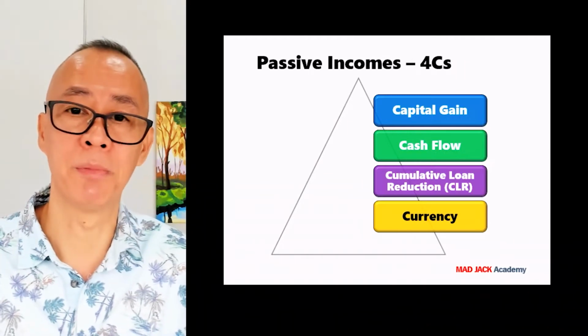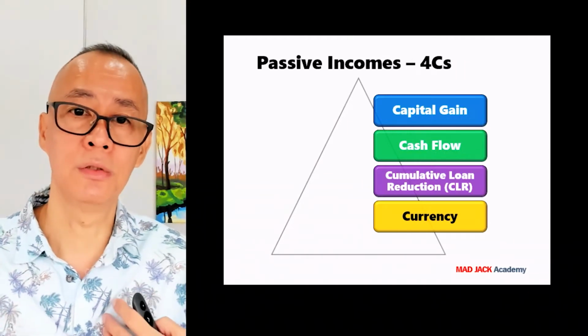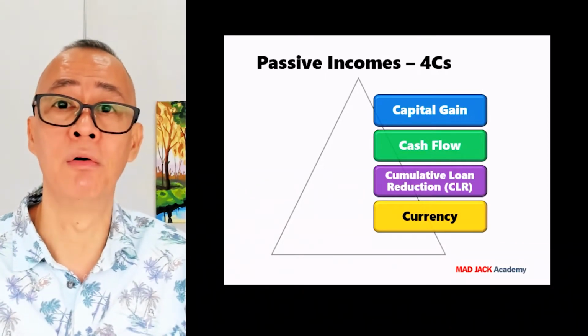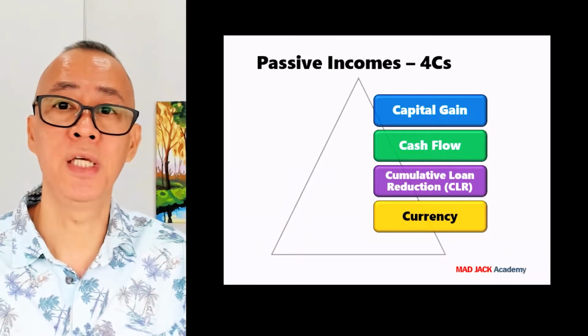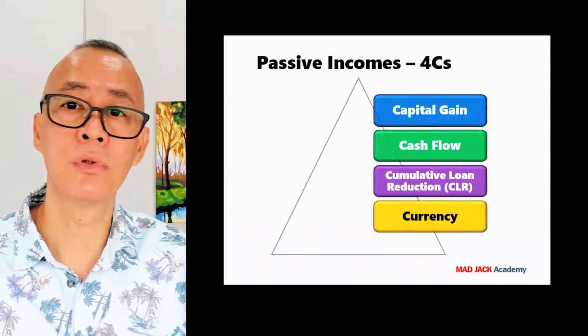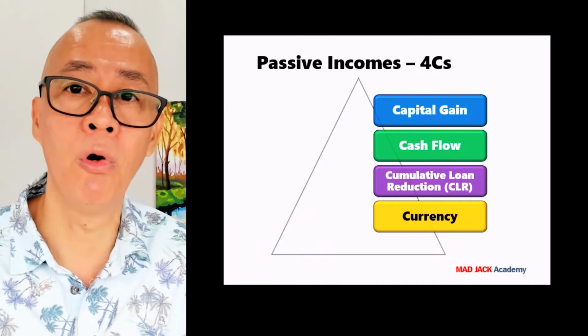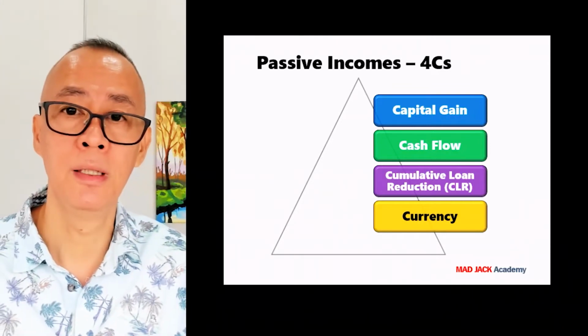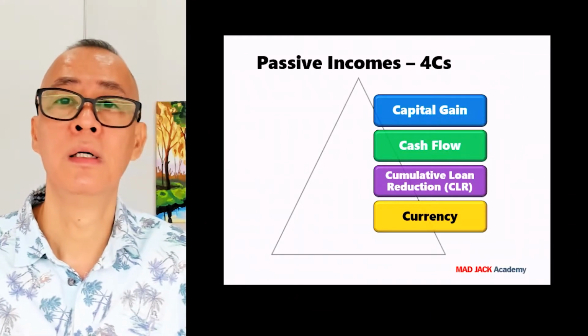For example, you buy the property using Sing dollars to buy a pound property at an exchange rate of 1.7 now. Say 5 or 10 years later, the pound goes to 2.3, 2.4. This gain is passive. I did not have to do anything. I purely enjoy the currency gain.